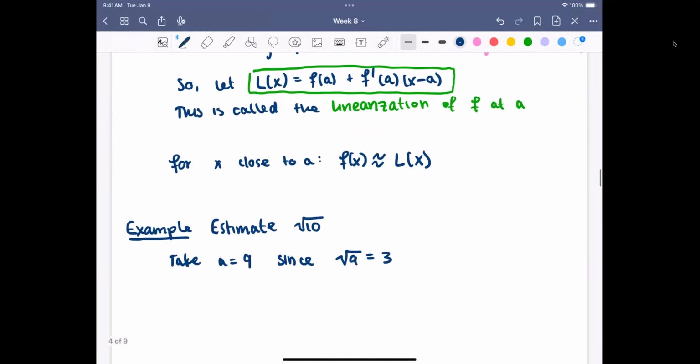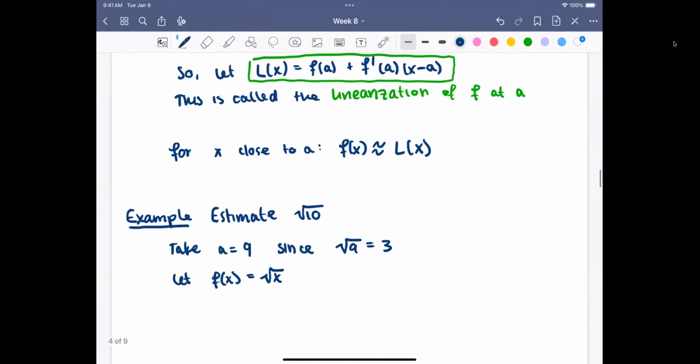Okay, so then I'm gonna let f of x be equal to the square root of x, and then I know that f of x is approximated by this linearization of x at the point 9.